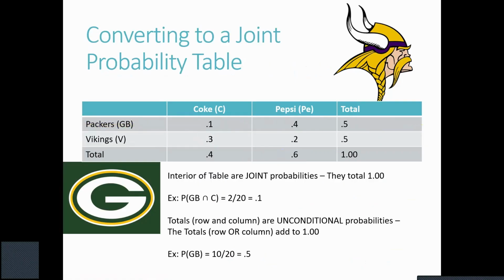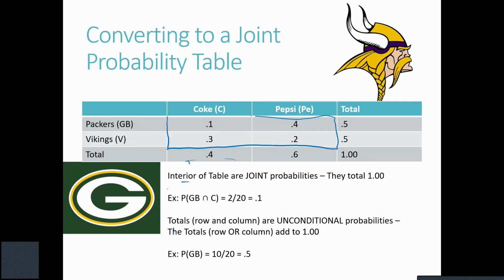If we convert this to a joint probability table like we do in R, then we've got all of these interior probabilities. So, block these off.